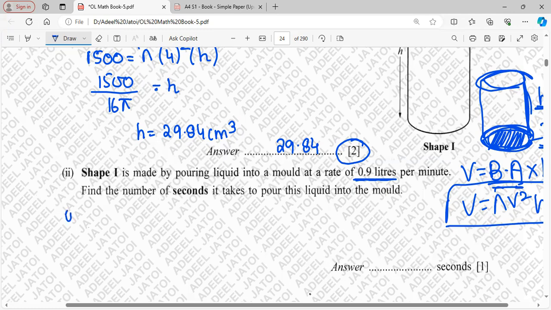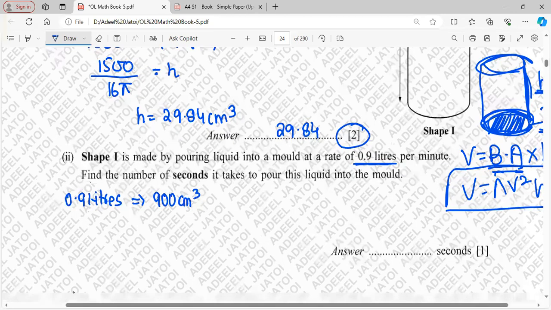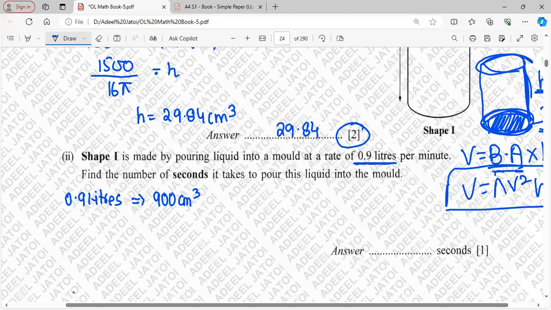So 0.9 liters, basically you need to convert it. 0.9 liter is 900 centimeter cube, because 1 liter is normally 1000 centimeter cube. So 0.9 liters is equal to what? 900 centimeter cube.